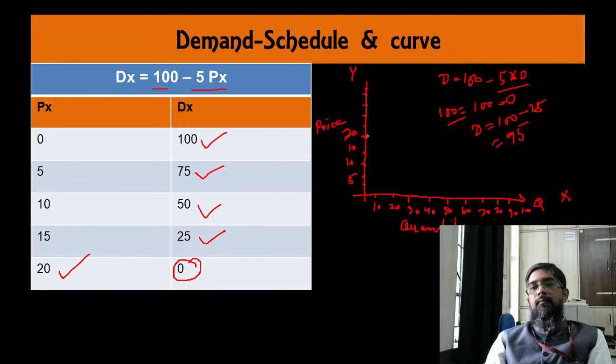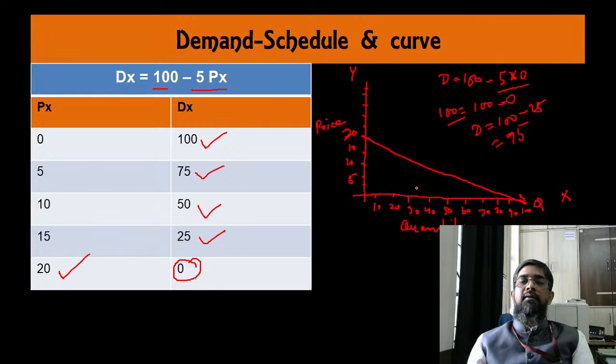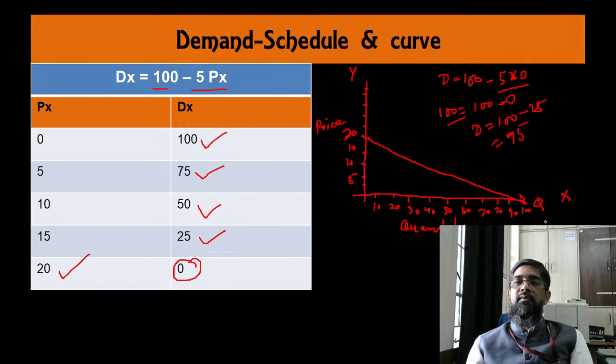You see, it should touch the end here up to 100, right. So at 20 your demand is 0, and at 0 price your demand is 100. And when price is 5, your demand is 75, so it is here, one point.